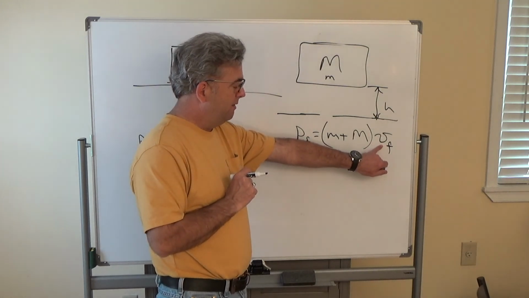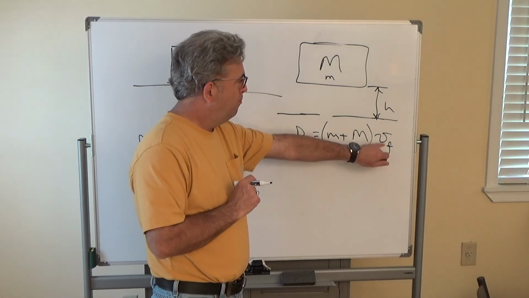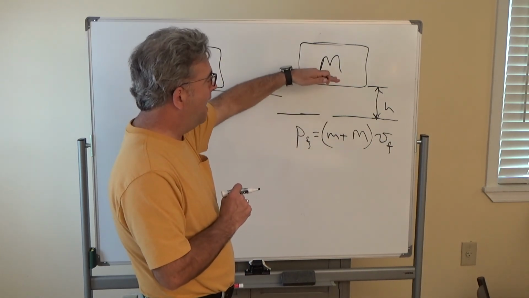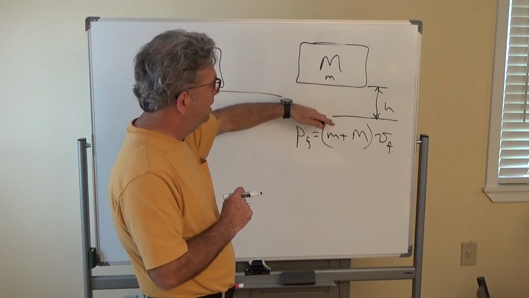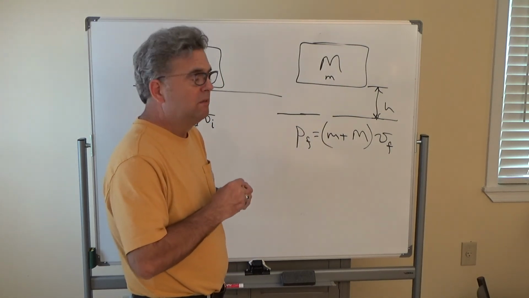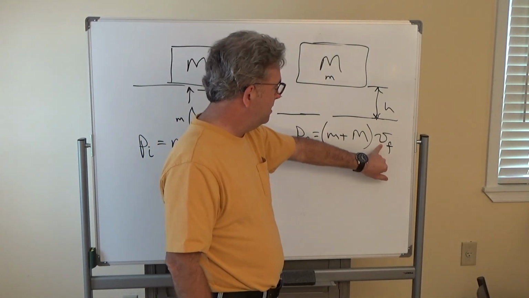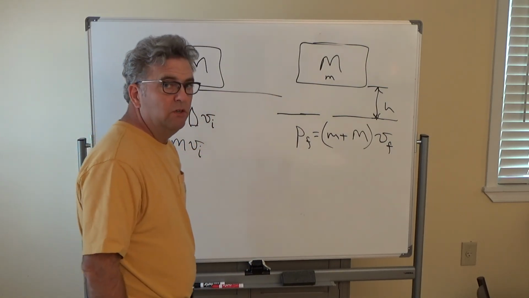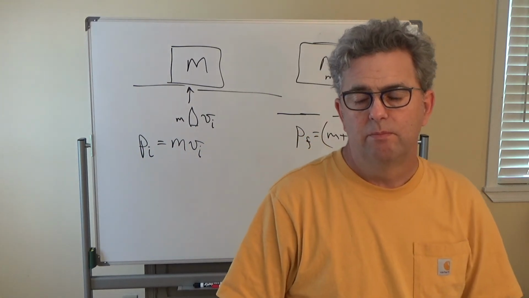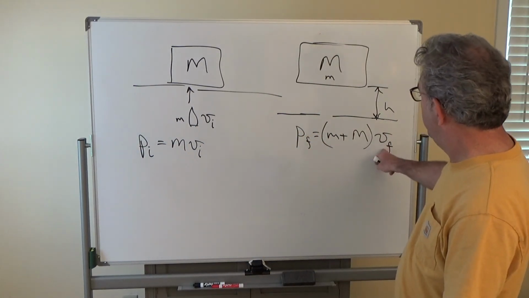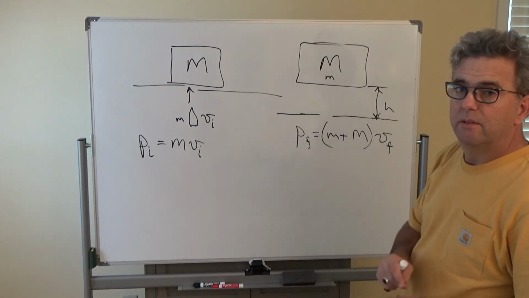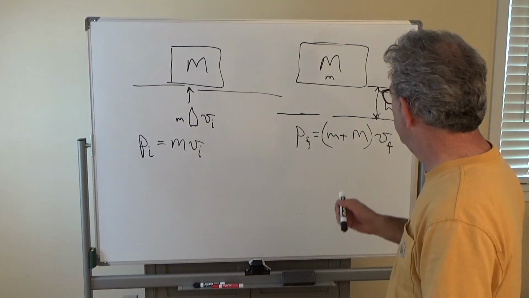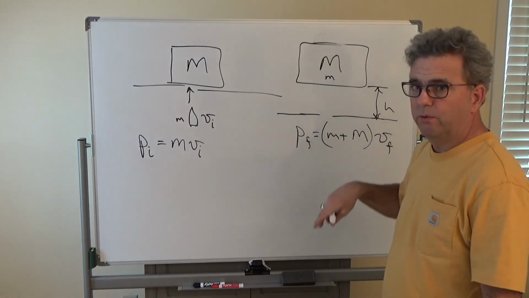So if you can calculate this by knowing that it rose to a height h, you can do that from what we've done with work energy and potential energy. Okay, you will be able to calculate this. You get the final momentum, that equals the initial momentum, and then you can solve for V initial. You have to figure this out first by knowing that mgh is equal to the initial kinetic energy.